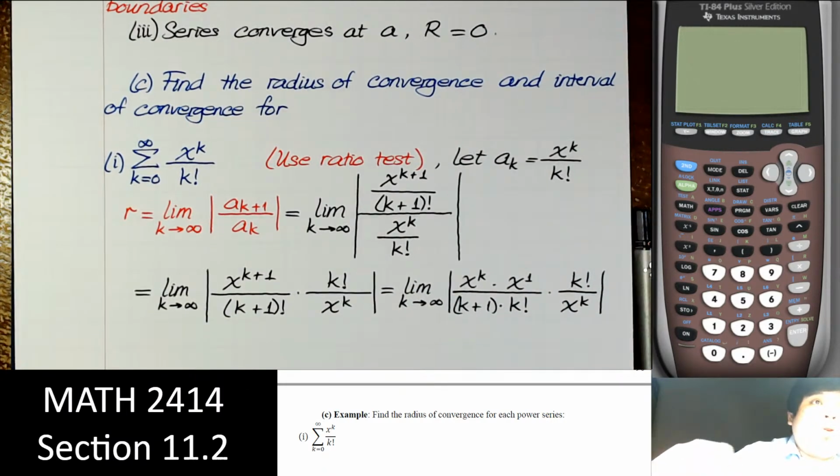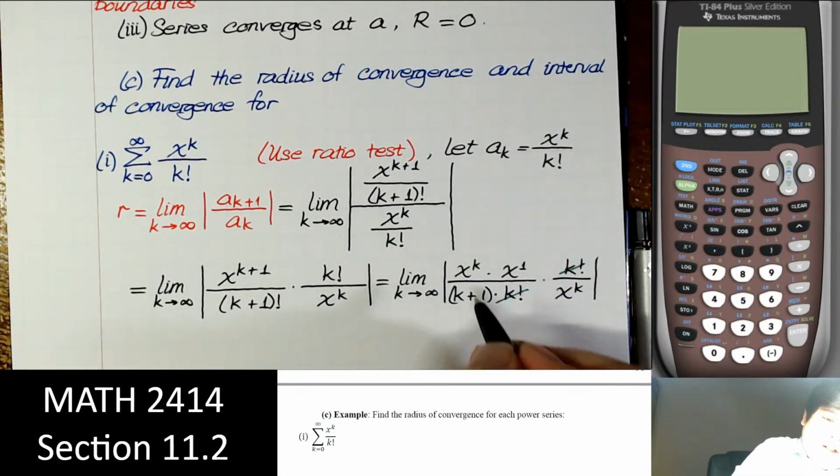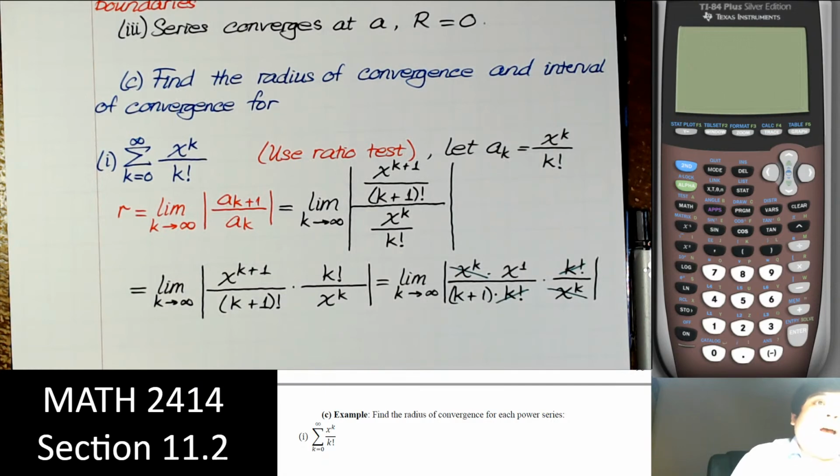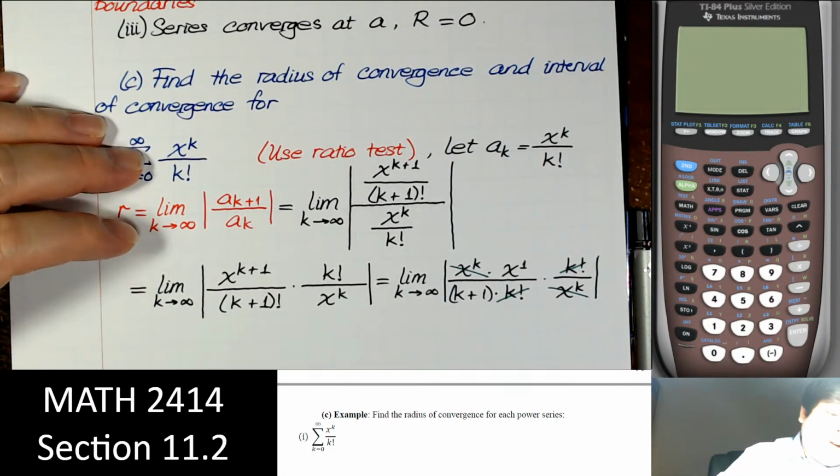And usually in the ratio test there will be a lot to cancel out. k factorial cancels out, x to the k cancels out. So we just have the absolute value of x over k plus 1.